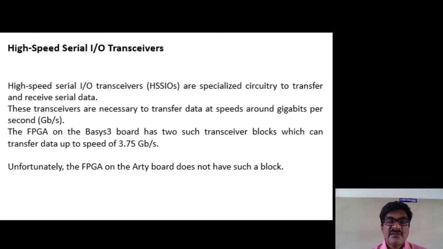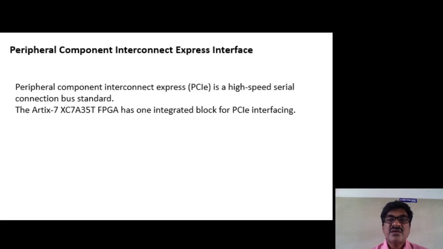The FPGAs in the base system maintain a speed of 3.75 gigabits per second, but in these boards there is no such arrangement. Coming to another block, PCI Express, this unit provides the serial interface between the FPGA and peripheral components.